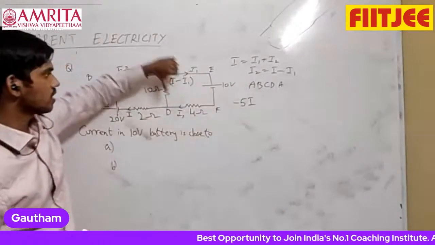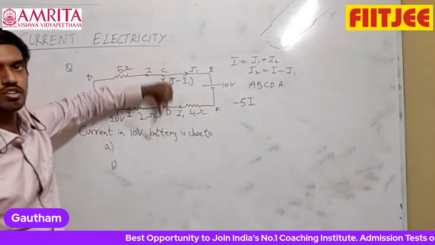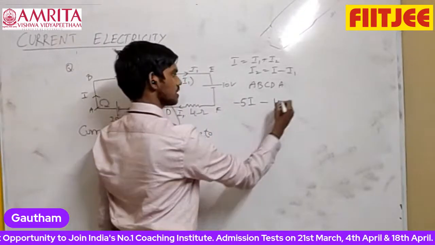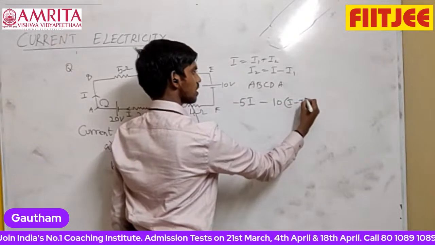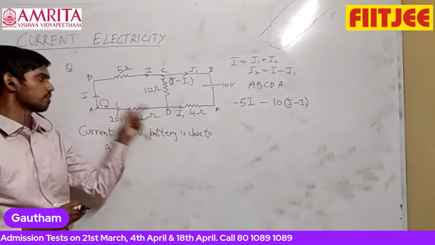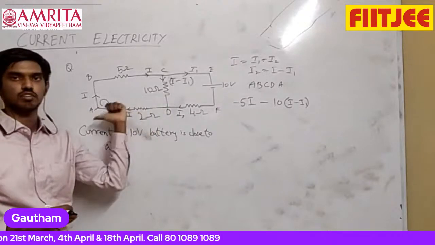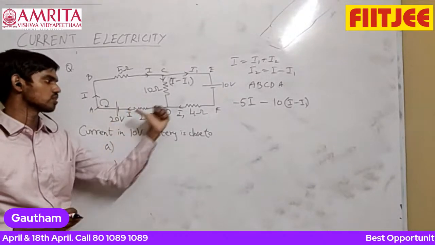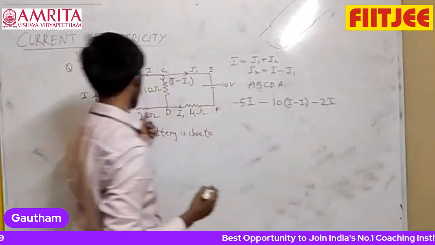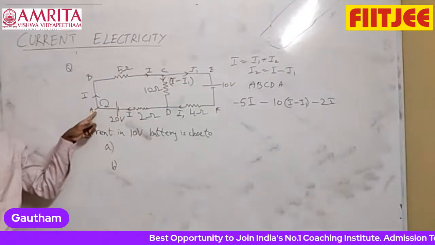So minus 5I. And then you are going again along the direction of current, minus resistance 10 into current, which is I minus I1. Again, from D to A also, you are coming along the direction of current through a resistor. So minus 2I, minus resistance into current. And then you are crossing a battery, negative terminal to positive terminal.